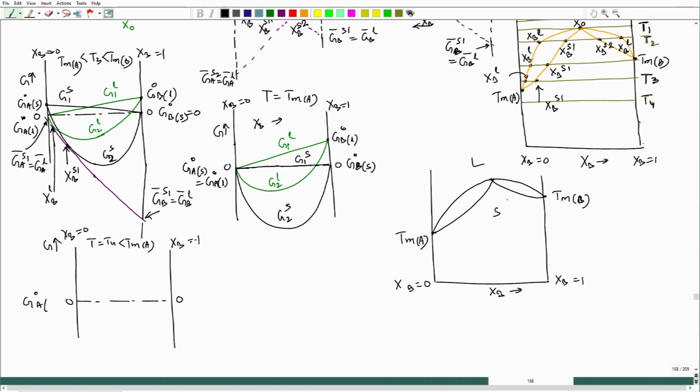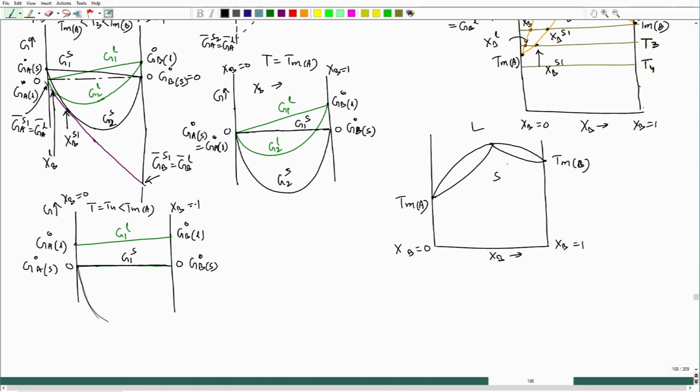Here GA naught solid and this would be GA naught liquid, and for B this is GB naught liquid and this is GB naught solid. So now we can have liquid G1 here, solid G1 here. Now, if I plot free energies, this is G2 solid and G1 solid, and G2 liquid would be this.